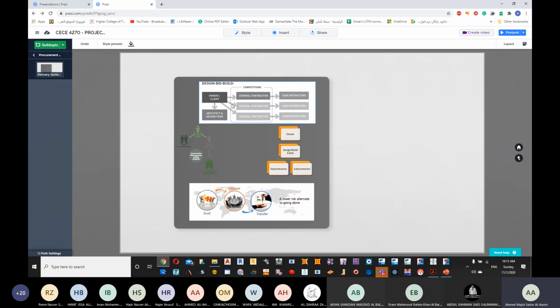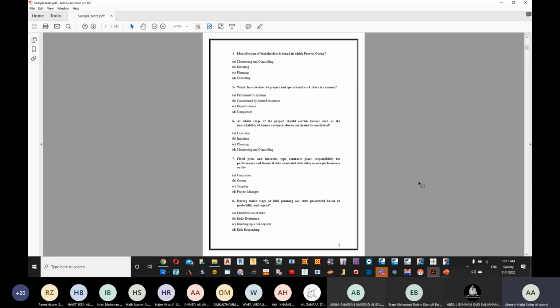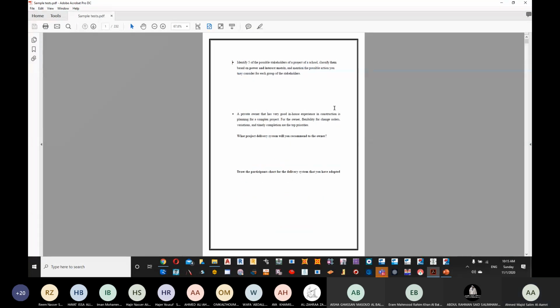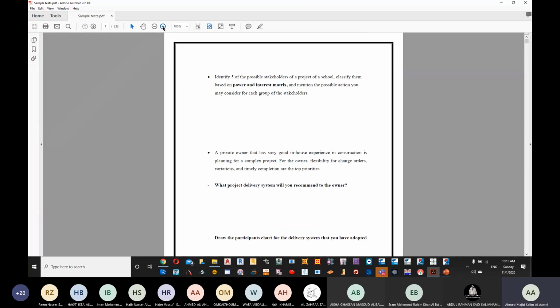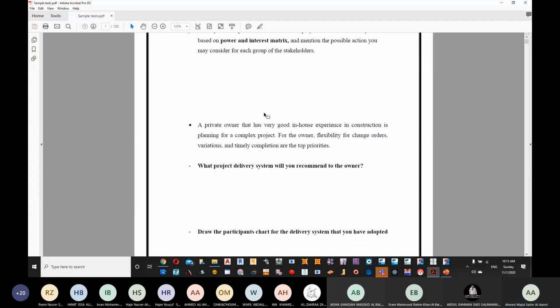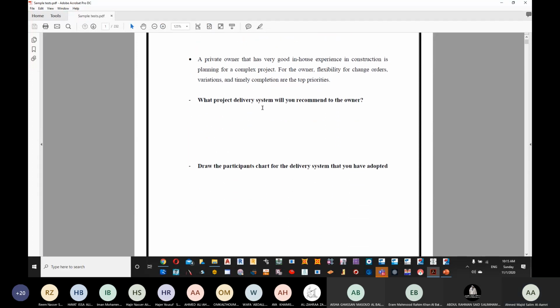But mainly, the questions are going to come for design-bid-build, construction management at risk, and then design-build. So, for example, if we open here, can you see the questions?